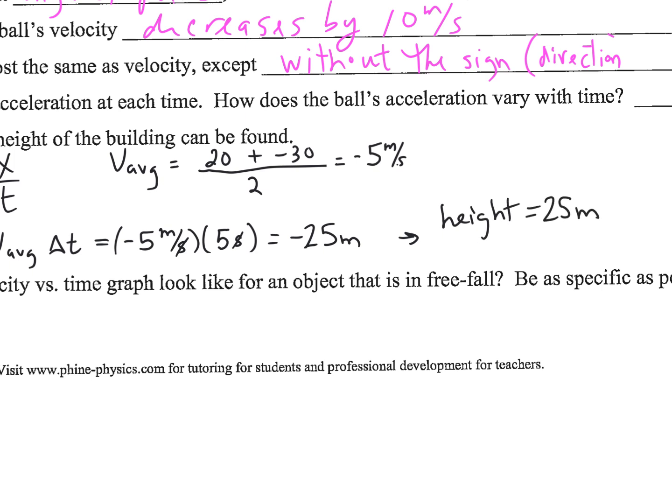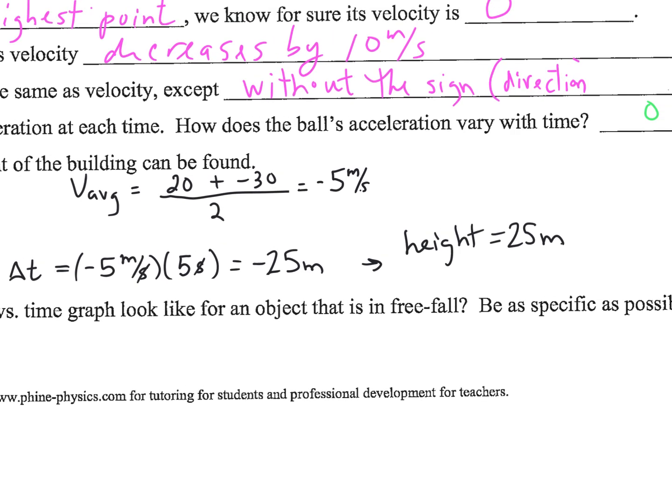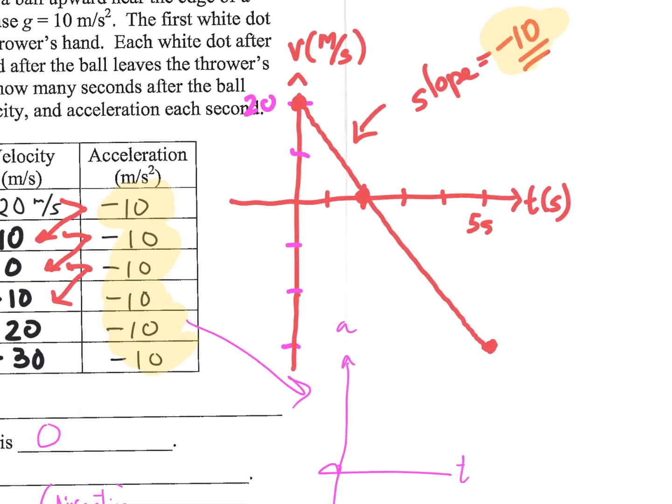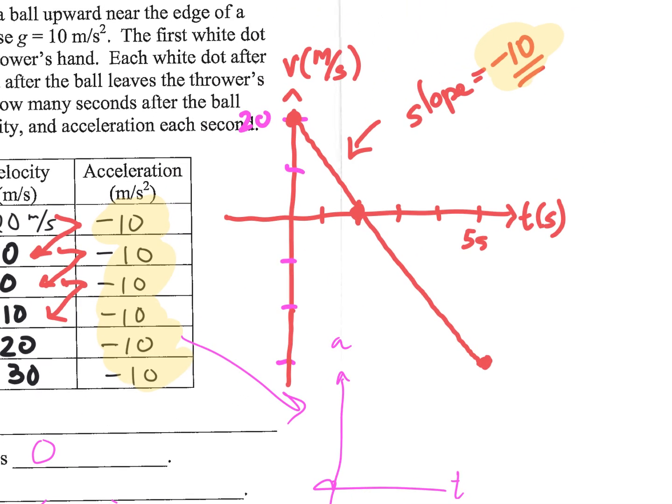So what does the velocity time graph look like for an object that is in free fall? Guess what? Didn't we just draw that? What does it look like for an object that is in free fall? It looks like that. It is a velocity graph that has a straight line whose slope is what? -10.